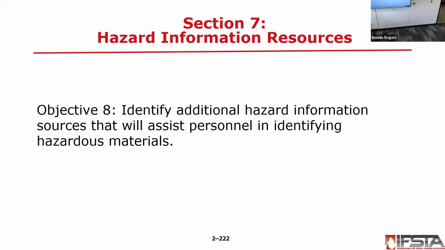Some of the ways we can get hazard information. Thinking about a fixed facility, where might we be able to get information about the hazardous materials? In a fixed facility, maybe your pre-incident plan. Safety data sheet. Safety data sheets, good. Where else?